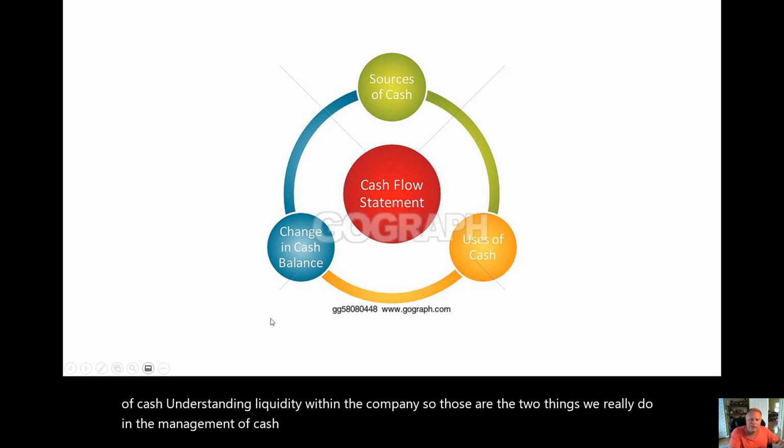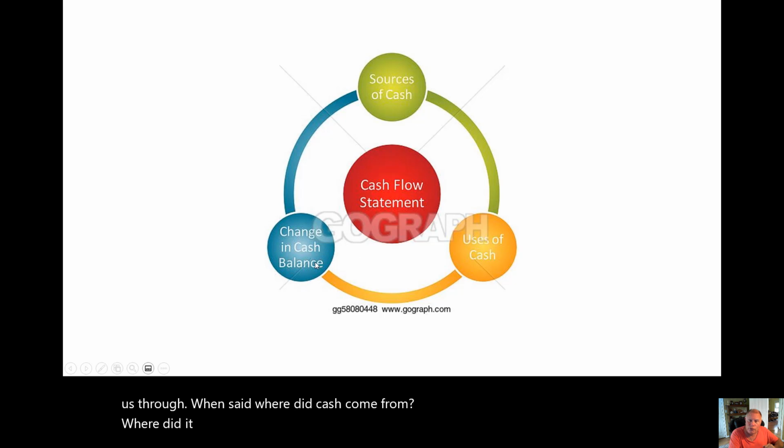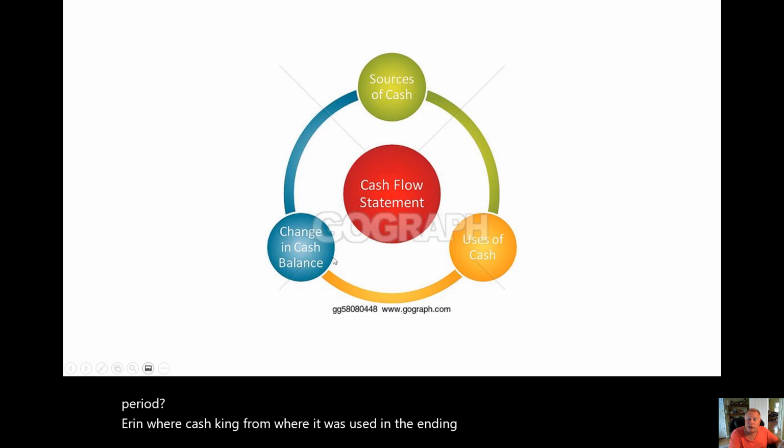And when we look at the cash flow statement, it really walks us through and says, where did cash come from? Where did it go? And what's left over? So if we start out with cash at the beginning of the period, add in where cash came from, and where it was used, the ending amount should be our change in cash balance.